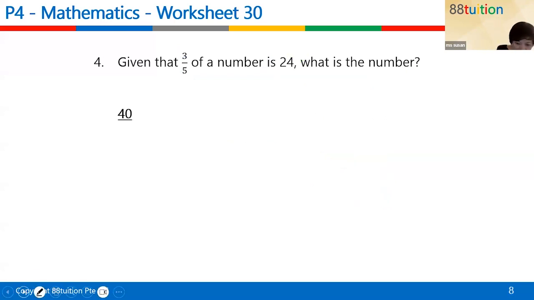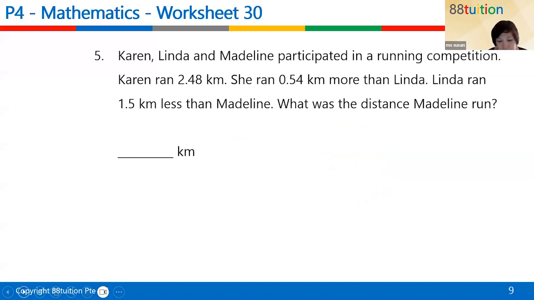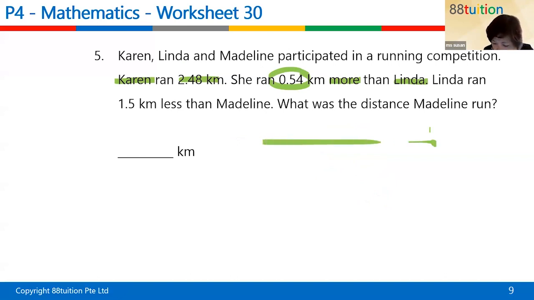Next question. Karen, Linda, Madeline participated in a competition. So for Karen herself, she ran 2.48, which is more than Linda. How much more? 0.54. So if I were to draw, Karen would run a very long distance first.